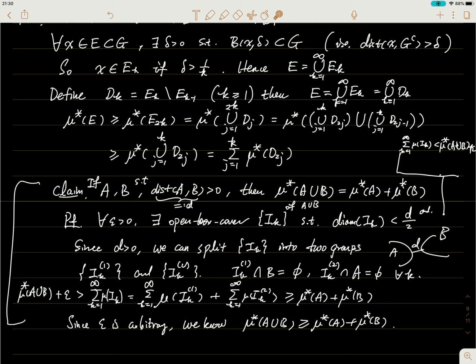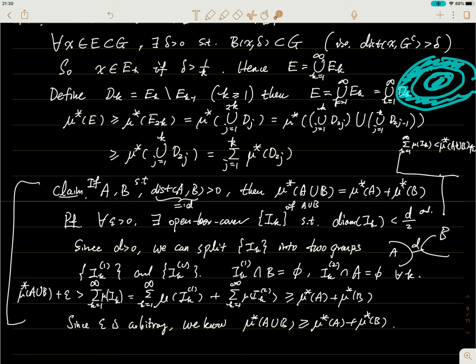Okay, and then we're going to use that here. As you can see, I have the union of these D_{2j}, and j is from 1 to k. That means I have the D2, D4, D6, and so on and so forth, and their distances are positive, right? As we showed earlier. This is the E_k, say this is the E2, okay, and then we have the E3, E4, and by that what it means is that the D2 will be only this part.